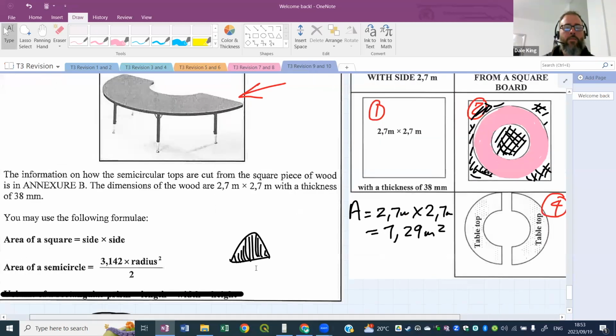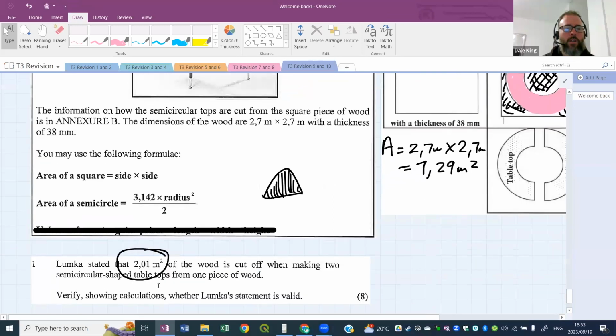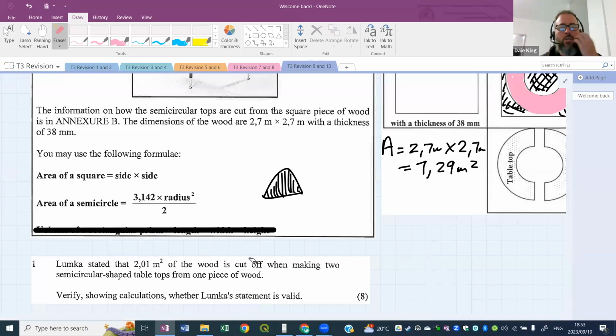Let's read the question again. It says, Lumka stated that 2,01 square meters of the wood is cut off. Or maybe they mean, I see what you're saying. I think cut off means almost like cut away. Otherwise, they would have said the area of the tabletop wood needed is 2,01.